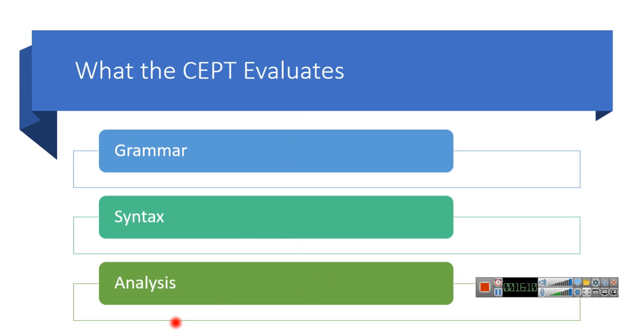Out of these three, the most important is analysis and how critical you are of the topic you're talking about. Because, let's be honest, you're going to be evaluated by a human, and that human is a teacher from this university. You can get past some grammar mistakes, some syntax mistakes.